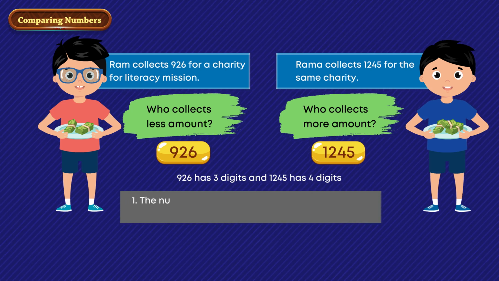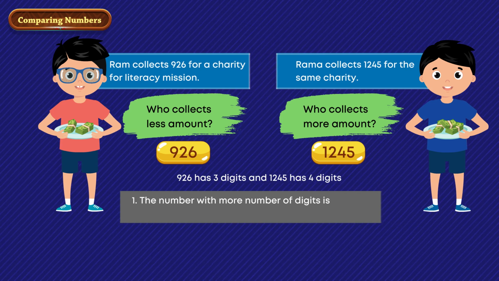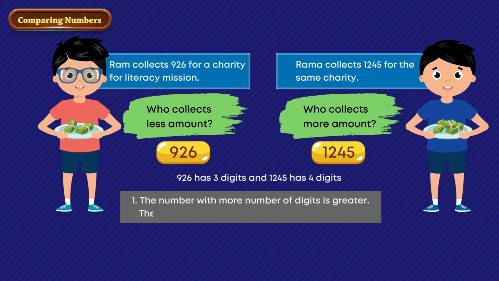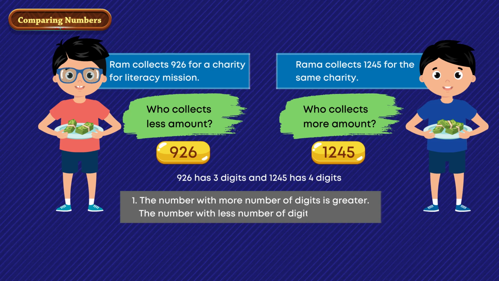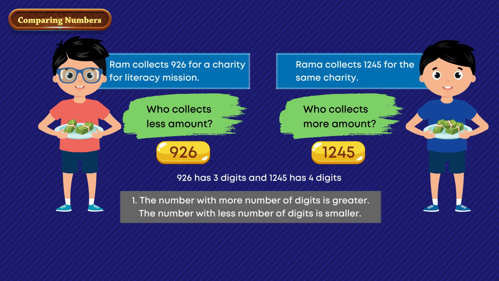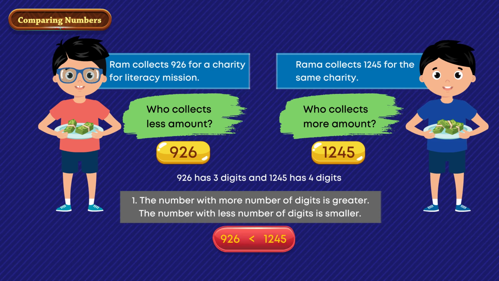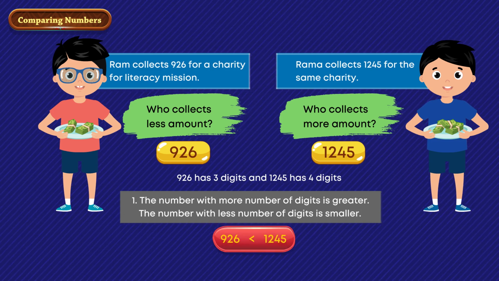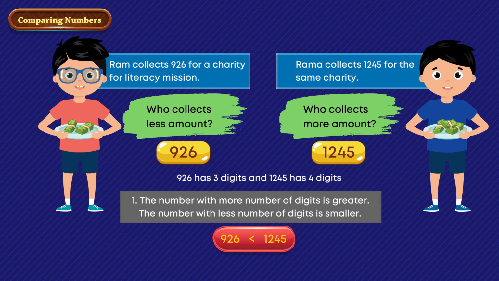The number with more number of digits is greater. The number with less number of digits is smaller. Hence, 926 is less than 1,245.